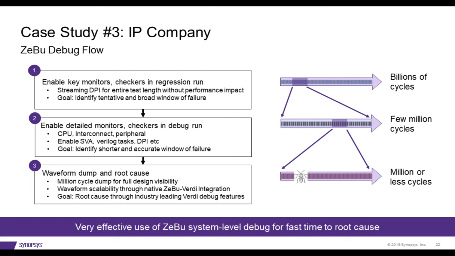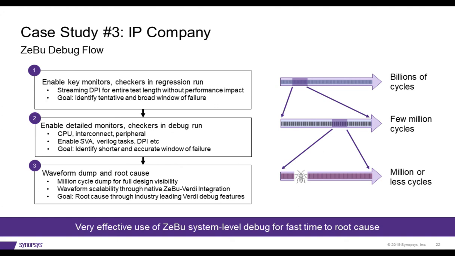Then in the second iteration, they enable some additional trackers and monitors, including some of the key interface waveforms, to further narrow down the window from millions of cycles to an even smaller window, a million or fewer cycles.